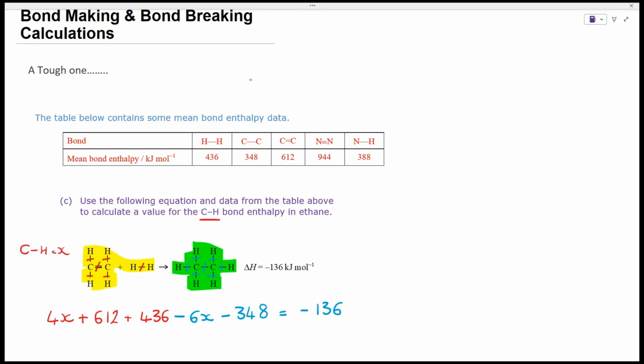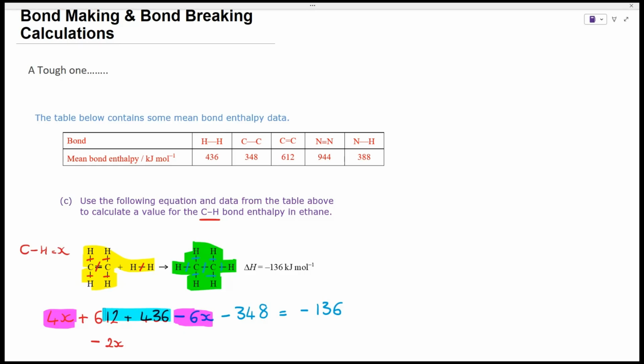Right, now to bring this through to the end, I'm going to highlight any numbers and x values. So the x's I'm going to highlight pink. So I've basically got 4x minus 6x, and that is going to give me minus 2x overall. I'm then going to take all of the numbers on the left side.